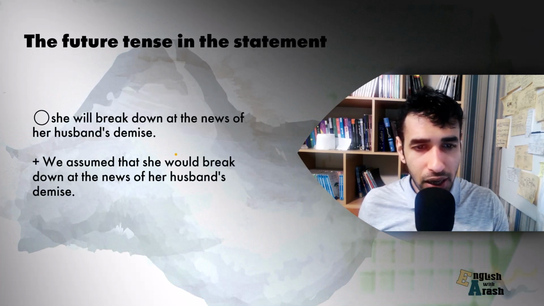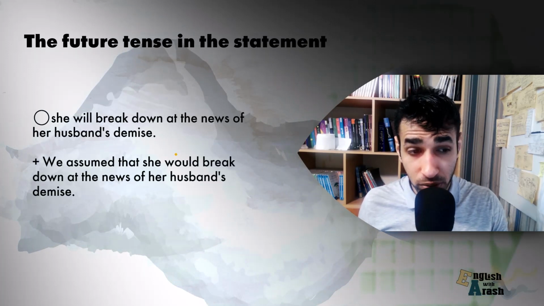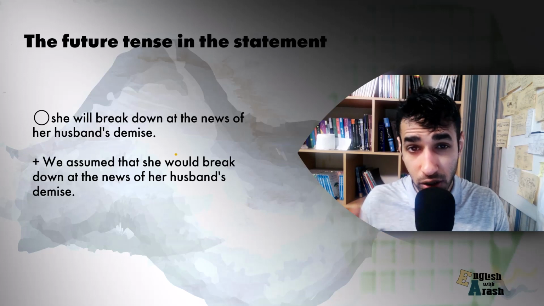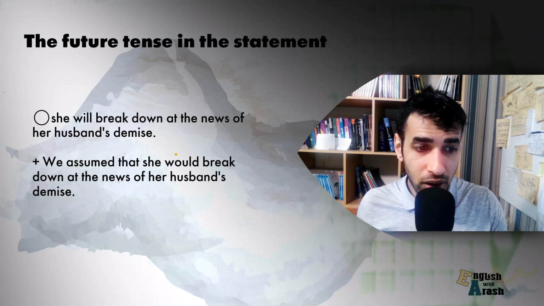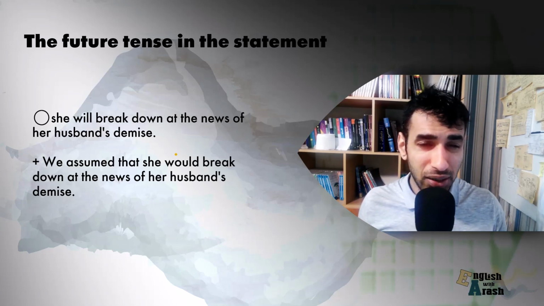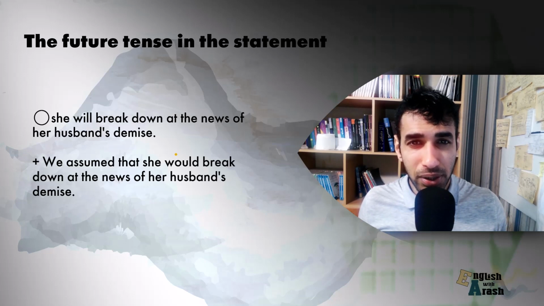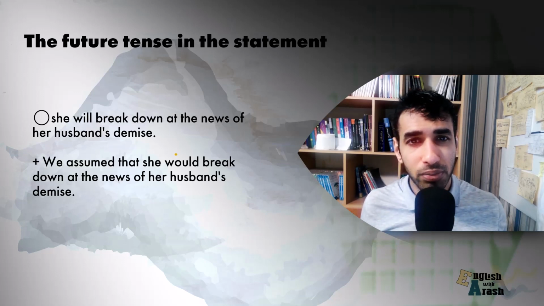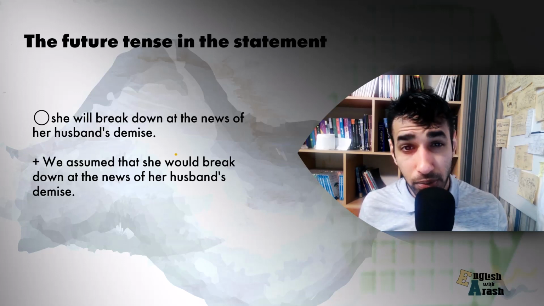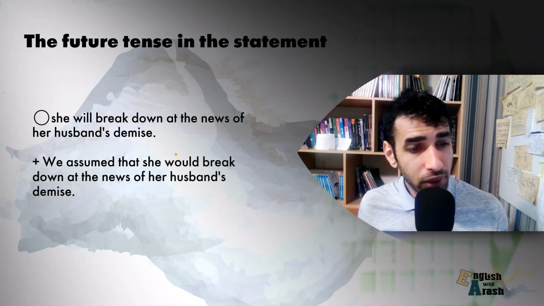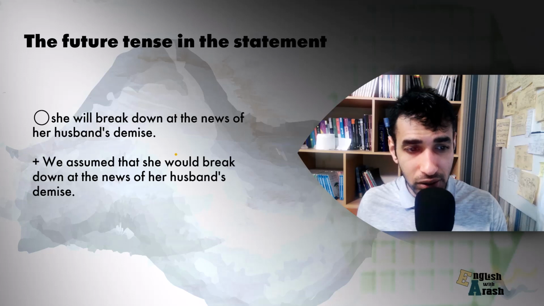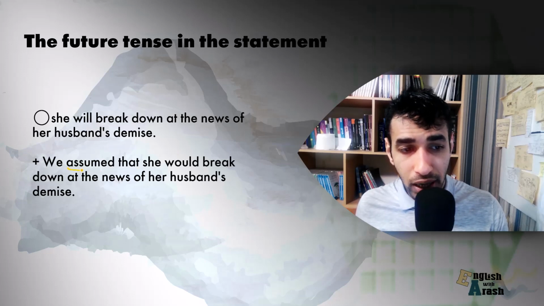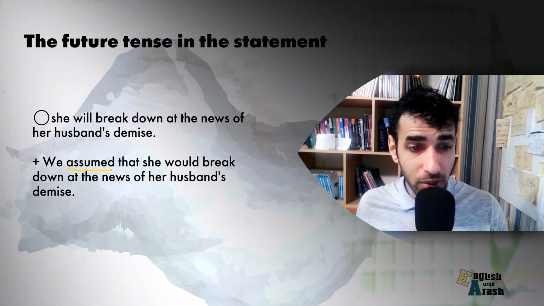She will break down at the news of her husband's demise. When somebody breaks down, they get overwhelmed, and they may have some mental health issues. We assumed that she would break down at the news of her husband's demise. We assumed, again, another reporting verb.